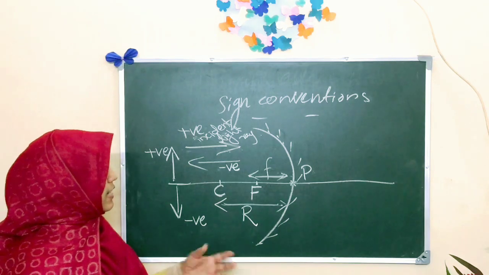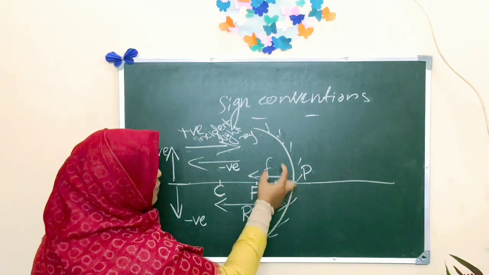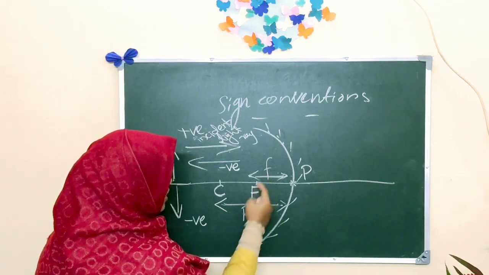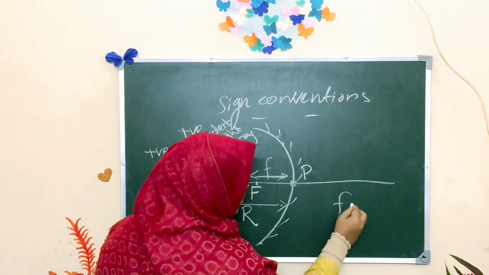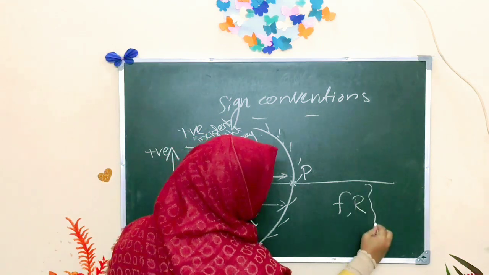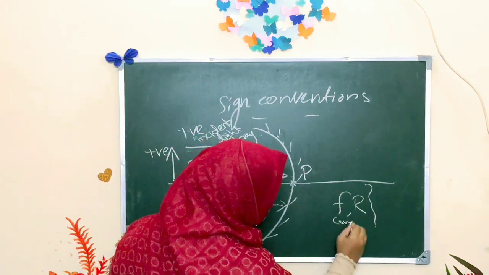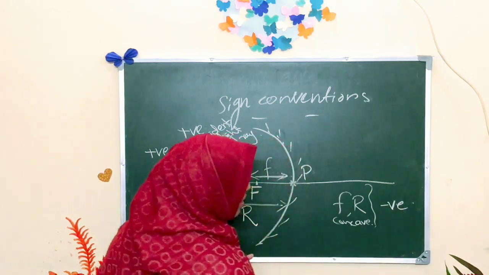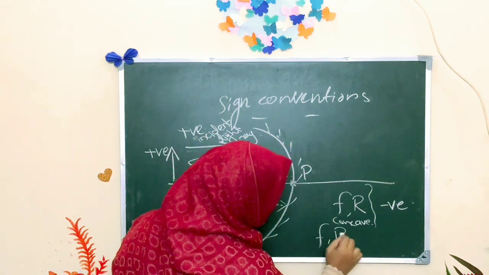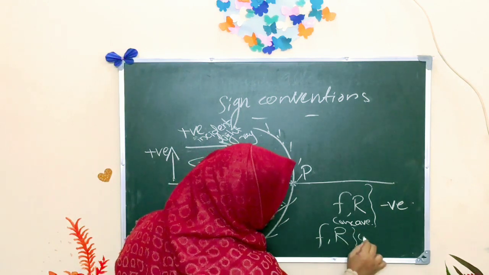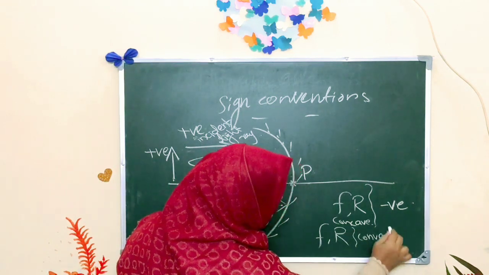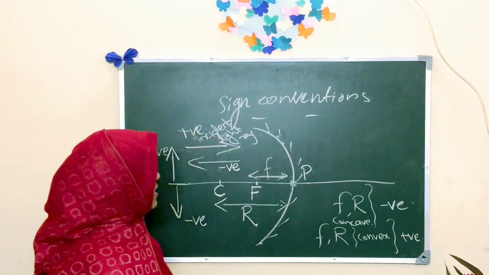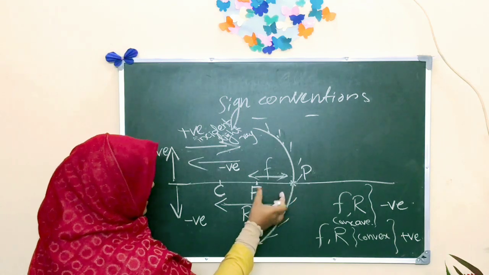So from this we can say, in the case of concave mirror, the focal length and radius of curvature are taken as negative, and the focal length and radius of curvature of convex mirror are taken as positive. Another one is the object distance.